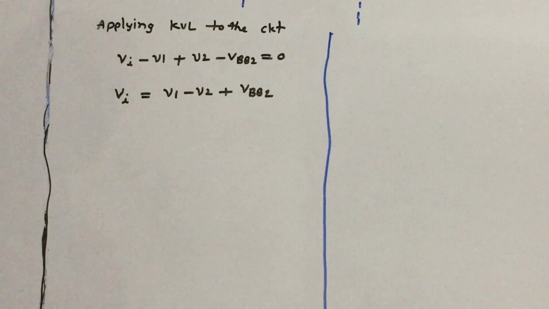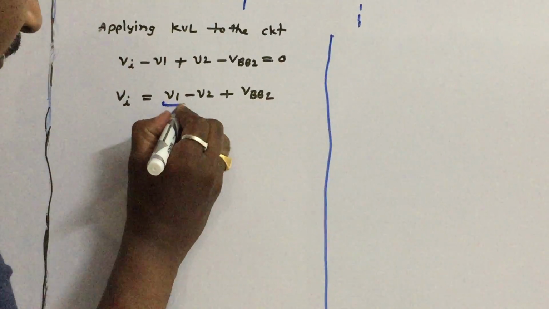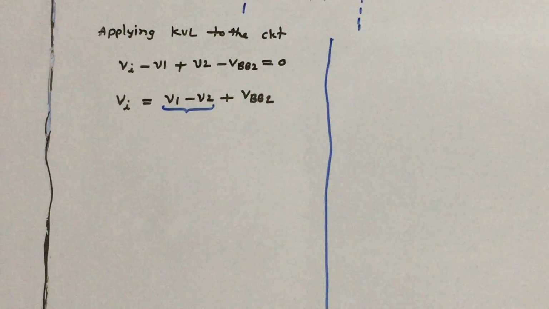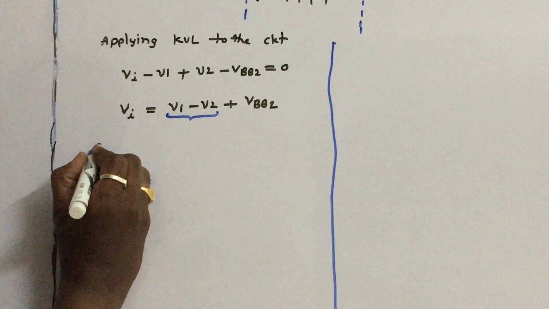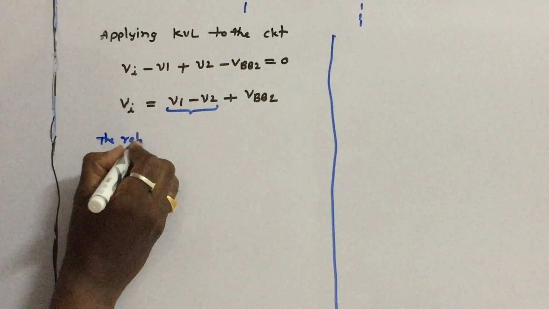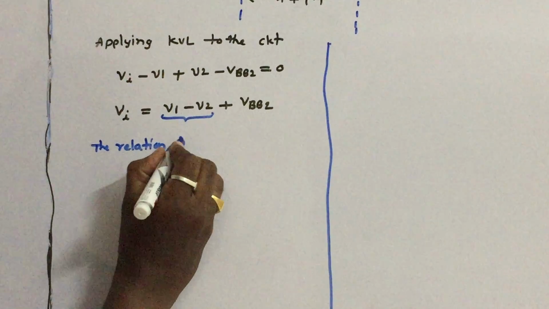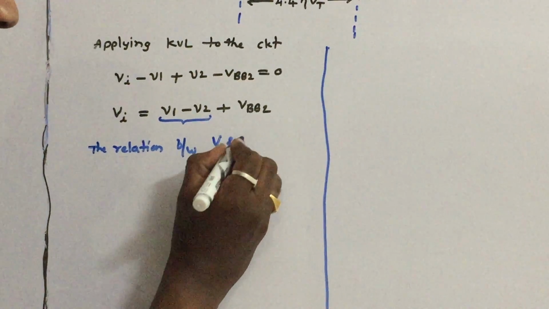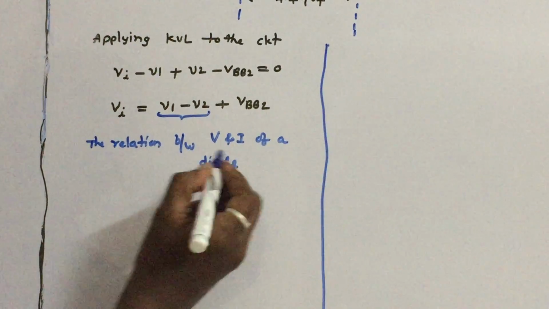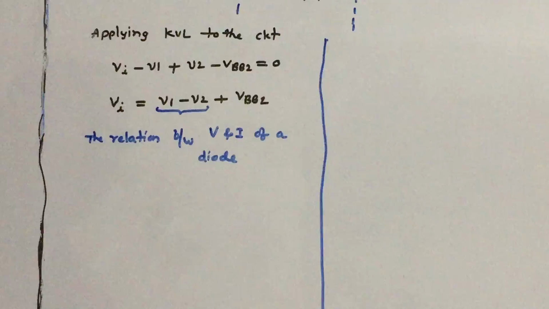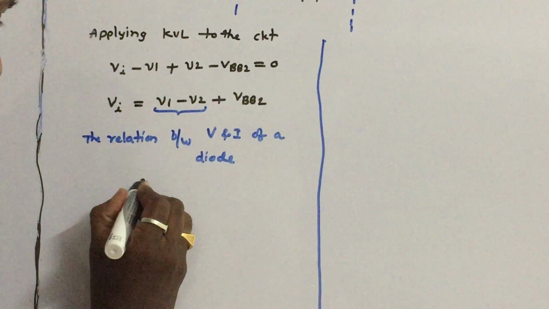So let us find out the value of V1 minus V2 from diode characteristics, because base-emitter is always considered as a diode. The relation between voltage and current of a diode is very important from the EDC subject.